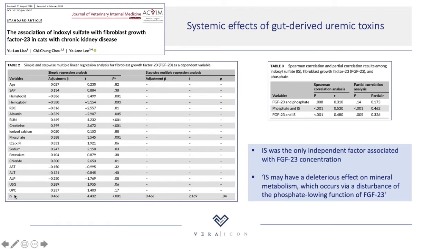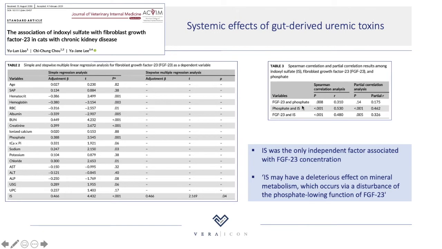So they are correlated. The first question in this study was, is there a correlation? Yes, there is. IS is an independent factor associated with FGF23 concentration. But when they looked a little bit further at the correlation between FGF23 and phosphate and IS, they all were correlated to each other.